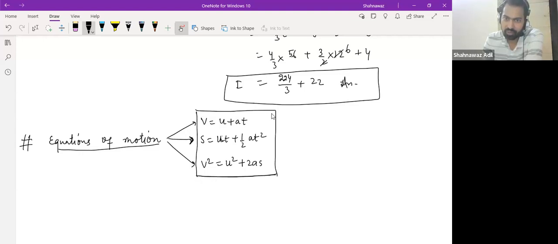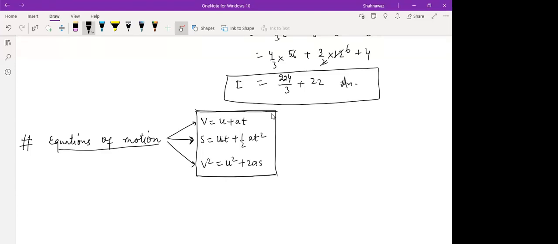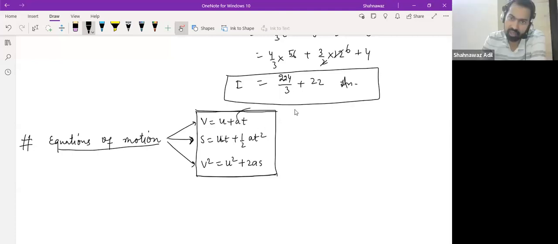Of course, they are valid only for what kind of motion? Or let me ask this precisely: what kind of acceleration are these for? Uniform acceleration. Yeah, uniform acceleration. So here A is constant.